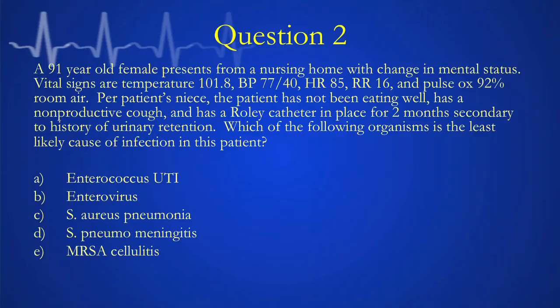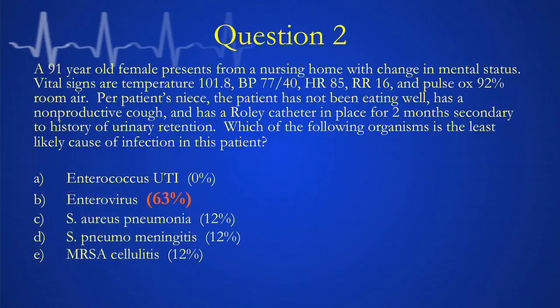I'll let you guys log in here. Enterococcus UTI, enterovirus, Staph aureus pneumonia, strep pneumomeningitis, MRSA cellulitis. Okay, most people think B, a little bit C, D, and E, so we'll talk more about that.